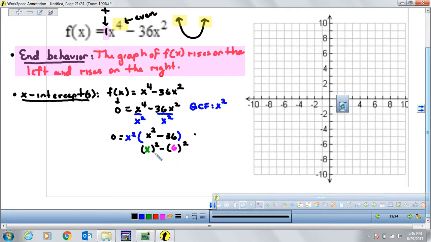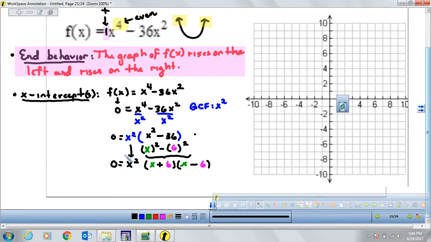So now we have it in the form of a squared minus b squared, and the factors of this polynomial would be in the form of a plus b times a minus b, where a is x and b is 6. So it's x plus 6 times x minus 6. And then we don't forget to bring down the x to the second power, which is my GCF.